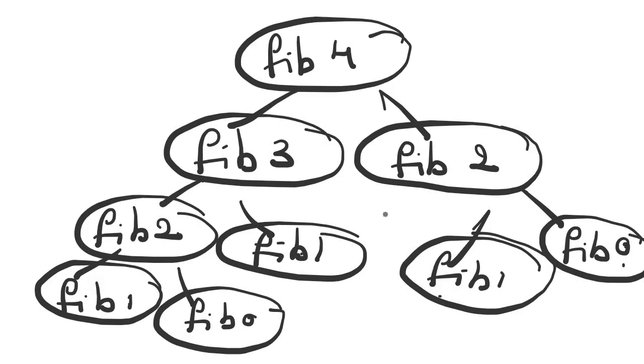We can retrieve it from the memory and reuse it whenever it is required. So we calculate Fib 0, Fib 1 or Fib 2 only once. Whenever it is required, here I require Fib 1, here I require Fib 2 and Fib 0, so the same value I am going to utilize. This is one example of dynamic programming.